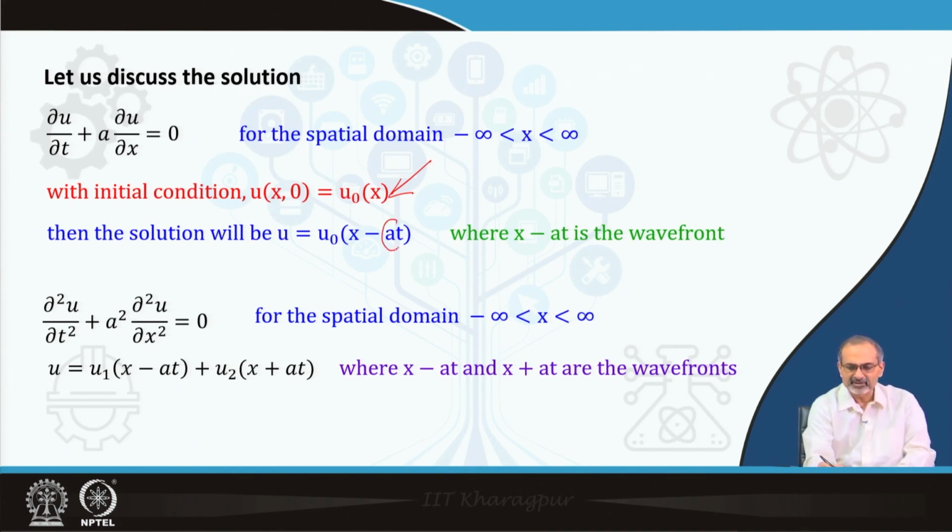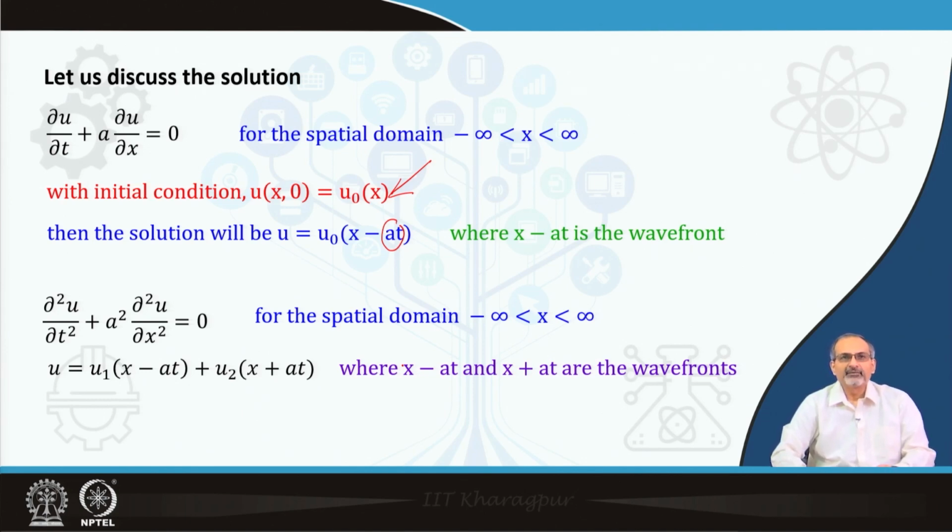So, the a times t is basically the displacement that the waveform goes through, but there is no change in the shape of the waveform as such. It does not attenuate, it does not distort, and so on.